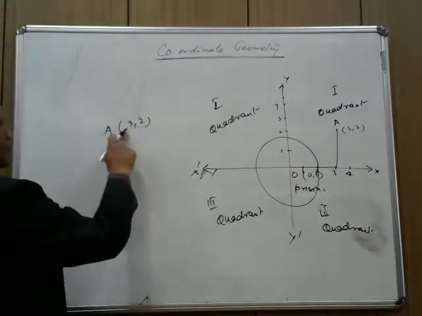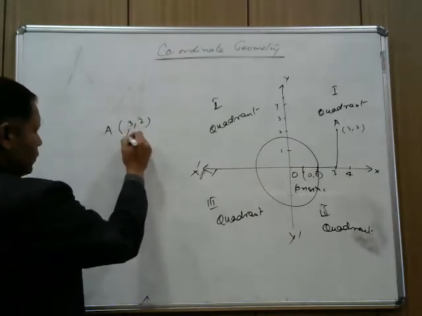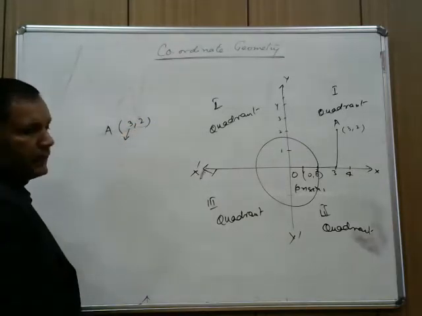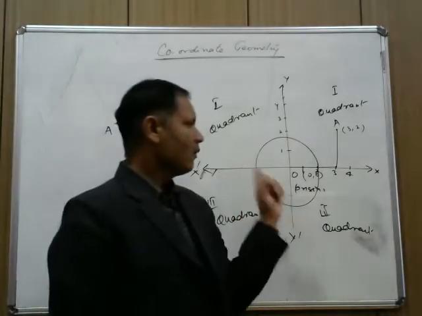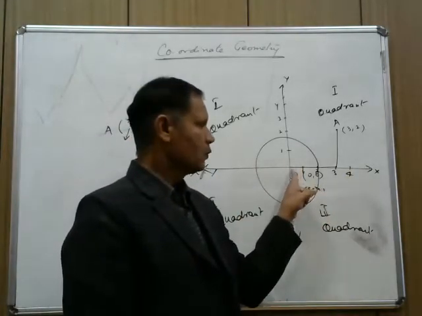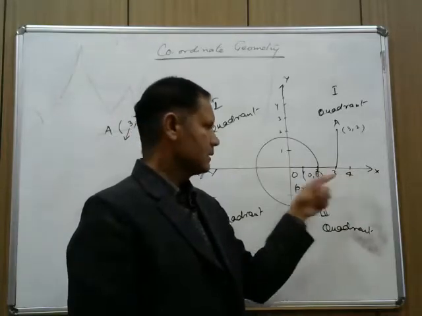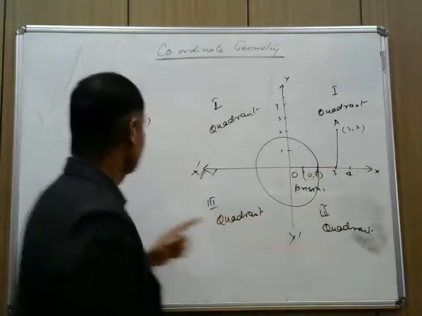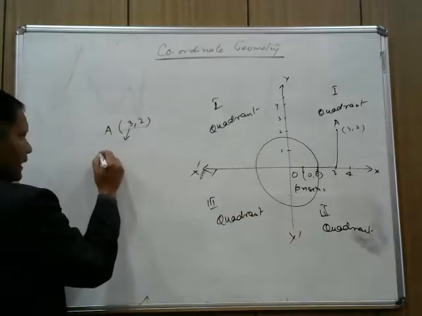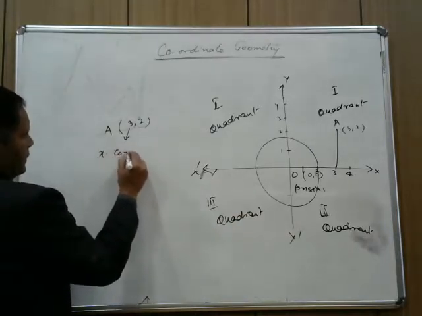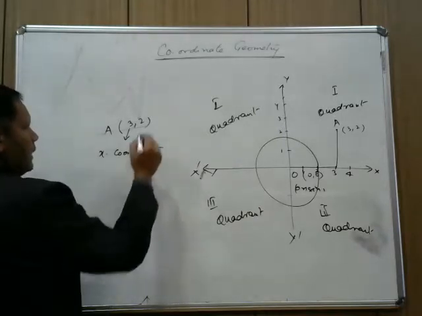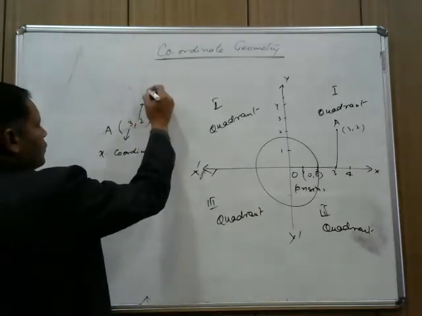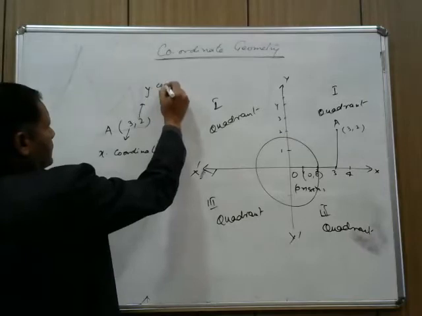This 3 in 3, 2 is the distance traveled on x-axis towards the positive direction, and that's why it is 3. So now 3 units, this is also known as the x coordinate. And this 2 is also known as the y coordinate.